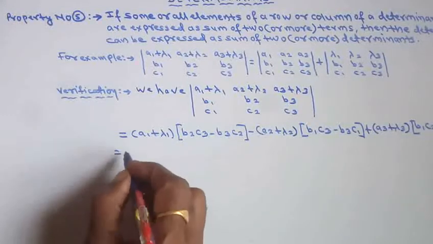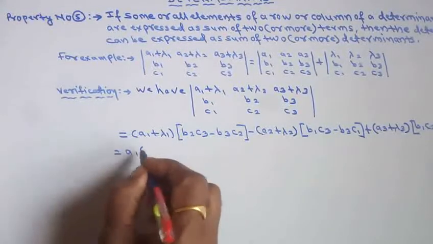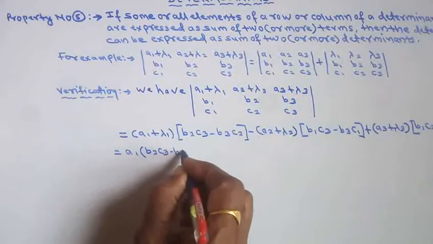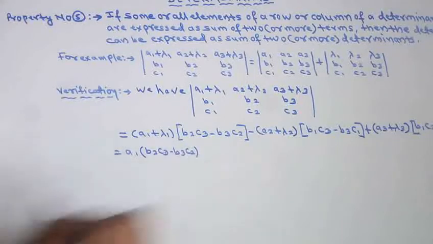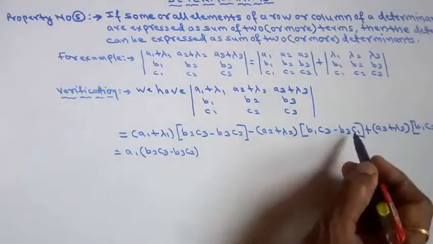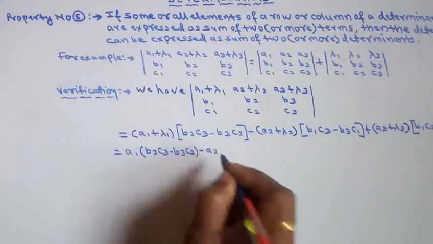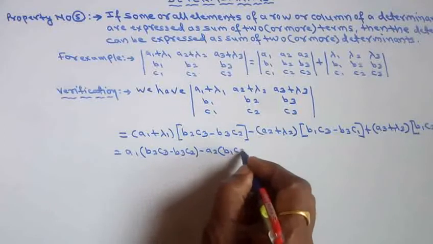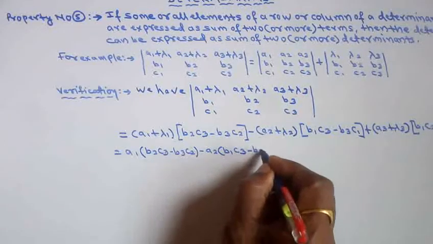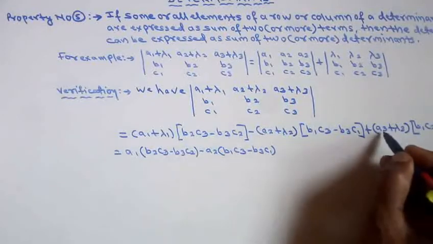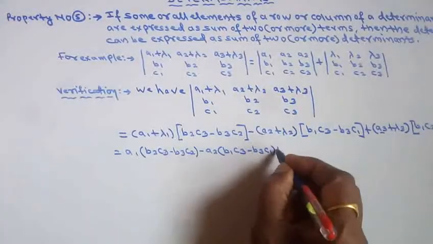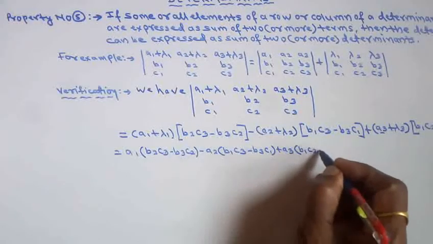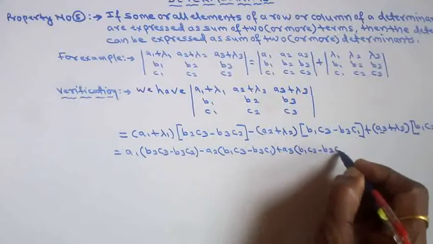So a1 into b2 c3 minus b3 c2. Okay, then minus a2 into b1 c3 minus b3 c1 plus a3 into b1 c2 minus b2 c1.